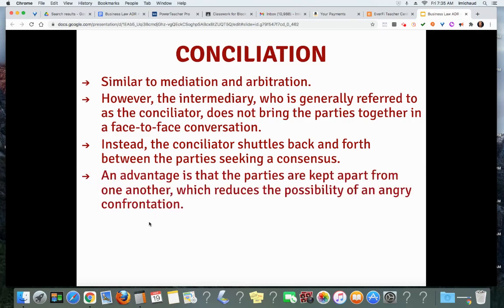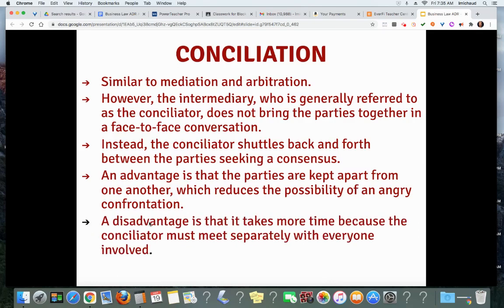An advantage is that the parties are kept apart from one another, which reduces the possibility of an angry confrontation. A disadvantage is that it takes more time because the conciliator must meet separately with everyone involved.